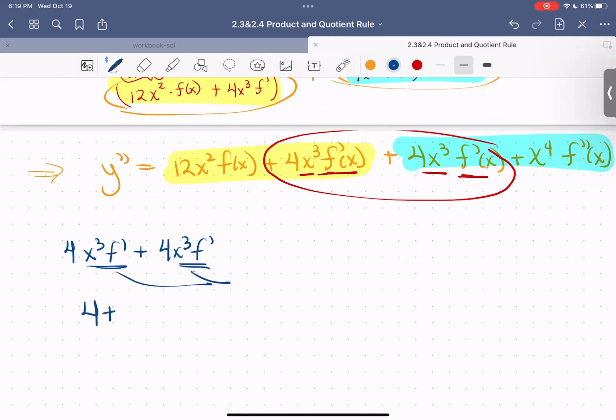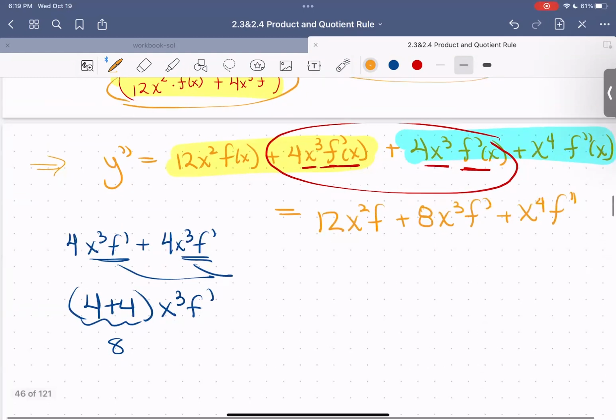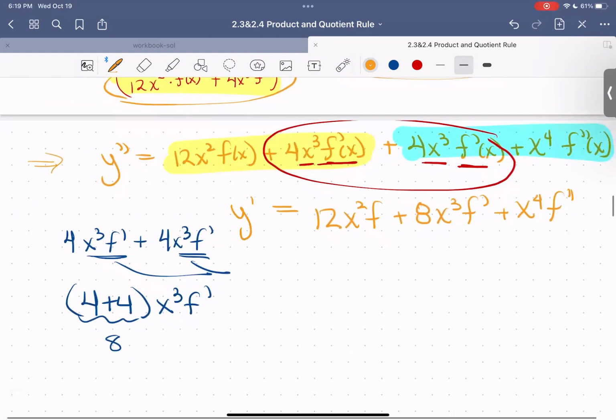So we just get 4 plus 4 times x cubed f prime. 4 plus 4 is just 8. So that simplifies rather nicely. So this just becomes 12x squared f plus 8x cubed f prime plus x to the fourth f double prime. So now we have this nice formula for the second derivative of our original function.